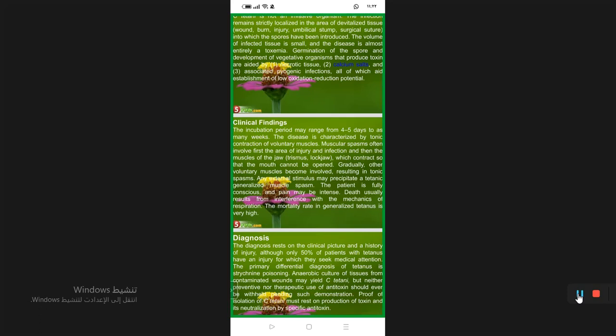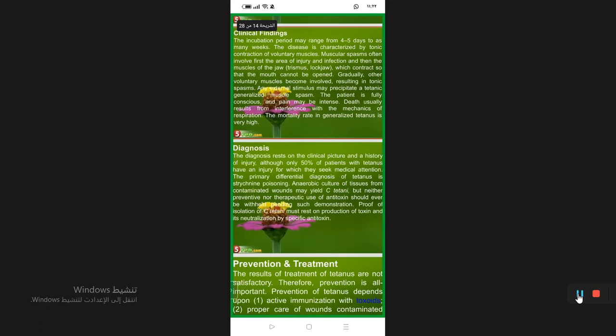Diagnosis of this bacteria depends on clinical picture and history of injury, although only 50% of patients with tetanus have an injury for which they seek attention. A primary differential diagnosis of tetanus is strychnine poisoning.